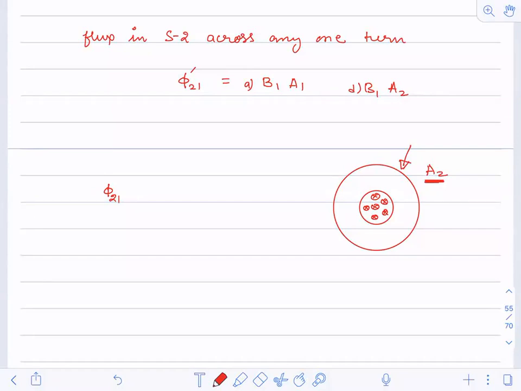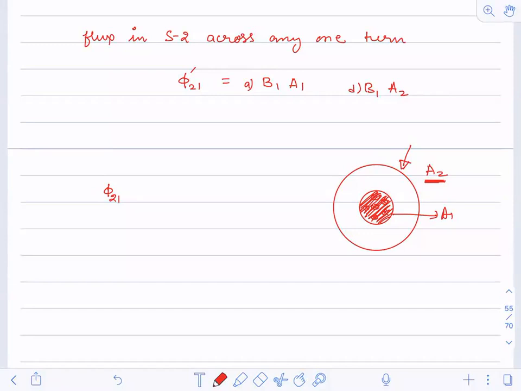These portions are not having any magnetic field. The magnetic field is only concentrated within this portion of the area A2. So shall I write A1 or the complete area?